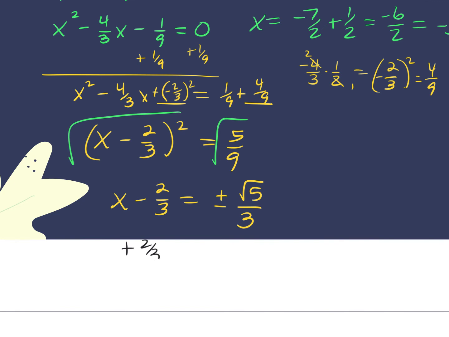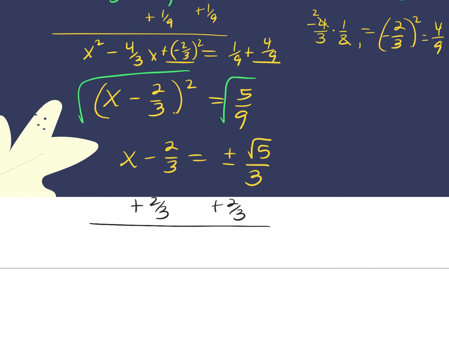Add 2/3. x is equal to 2/3 plus or minus the square root of 5 over 3.